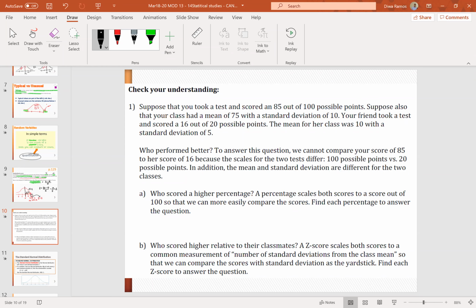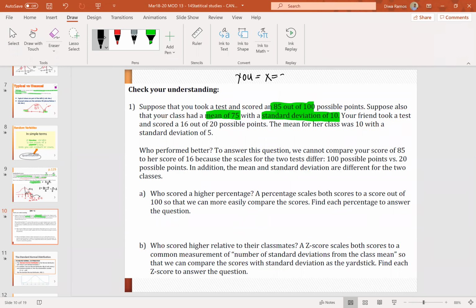Suppose that you took a test and scored 85 out of 100, and the class mean is 75, and the standard deviation is 10. So your data are as follows.